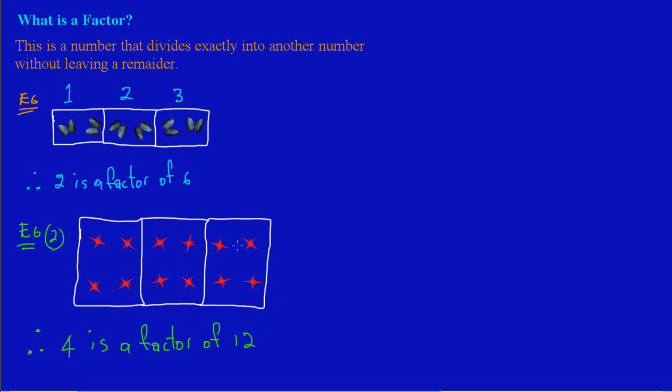So that's what a factor means. It means that the number should divide exactly into another number without leaving a remainder. Now, since we know what a factor is, let's look at an example where a number is not a factor. Let's say I had here 7 oranges: 1, 2, 3, 4, 5, 6, 7.